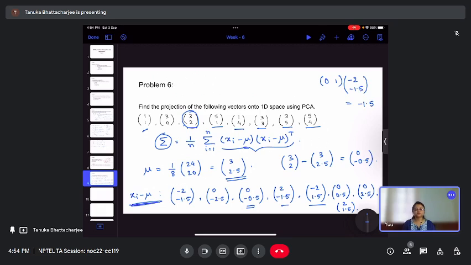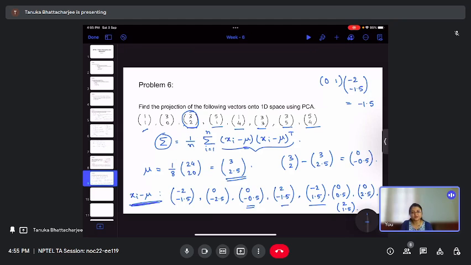So, basically if you take the inner product of 0, 1 with your data points, you will get the second dimension of your xi minus mu vectors as your inner product answer. So, for the first data point, the projected data will be minus 1.5.